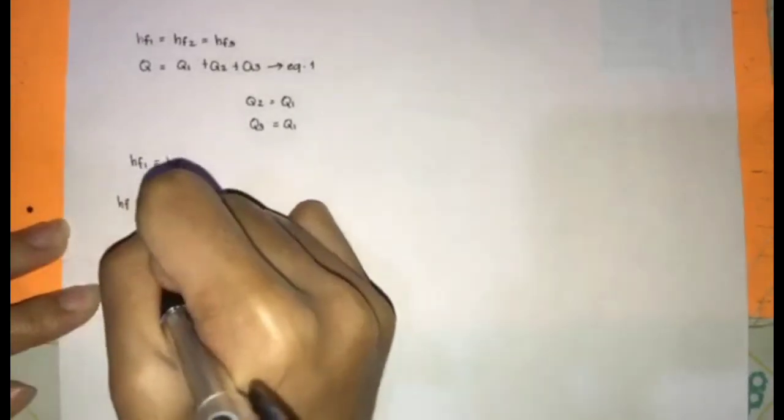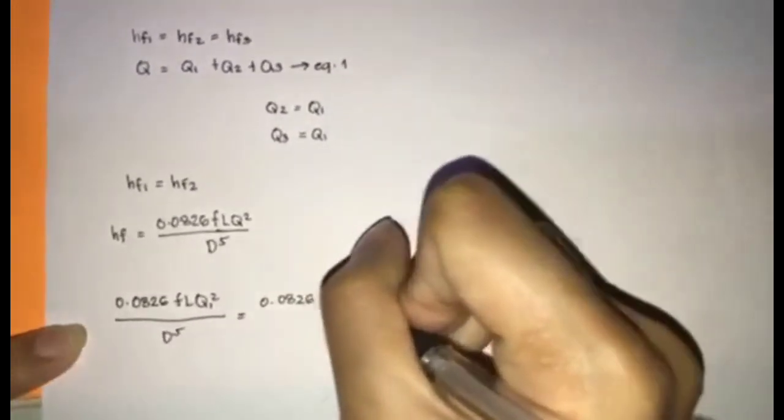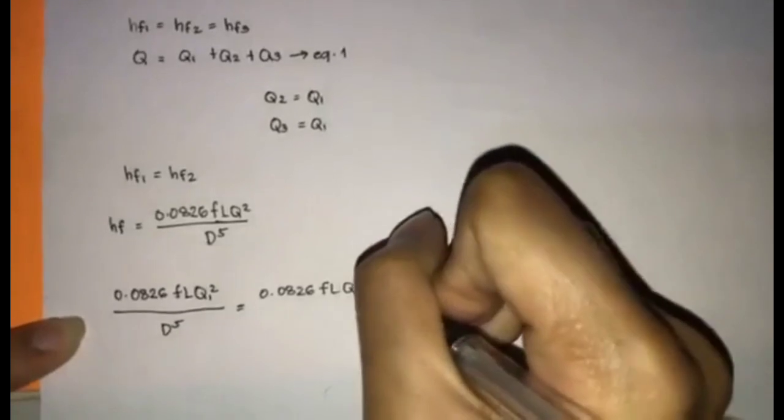So equating the two equations, we have 0.0826 FLQ1 squared over D raised to 5 is equals to 0.0826 FLQ sub 2 squared over D raised to 5.